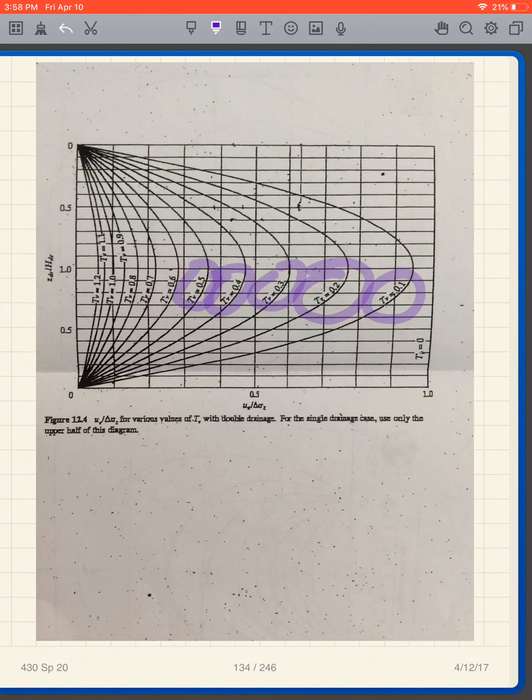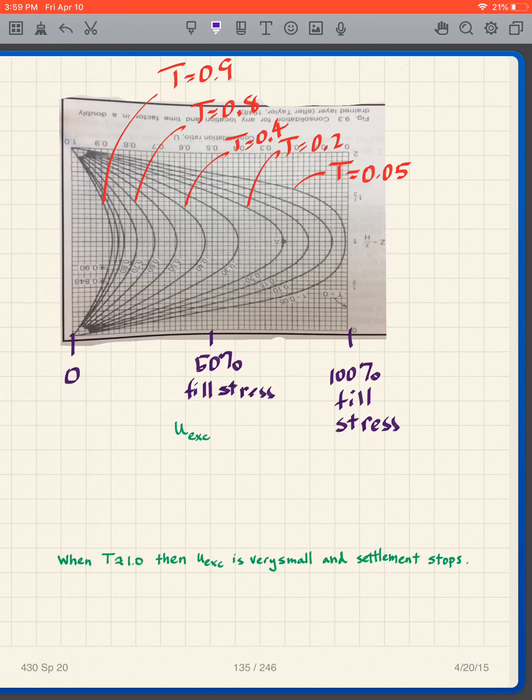And what we recognize is this is the bottom of my clay layer, this is the top of my clay layer, this is the middle of my clay layer. I just need to get a grasp of the meaning of this excess pore pressure plot.